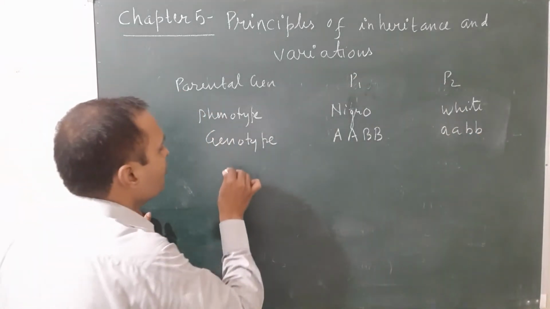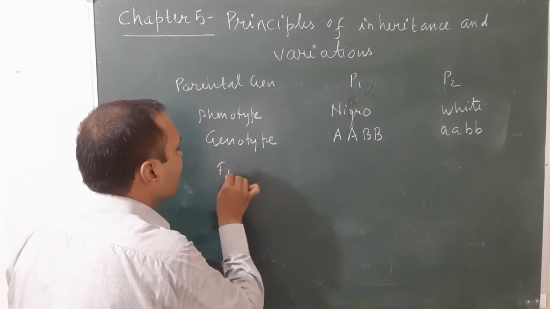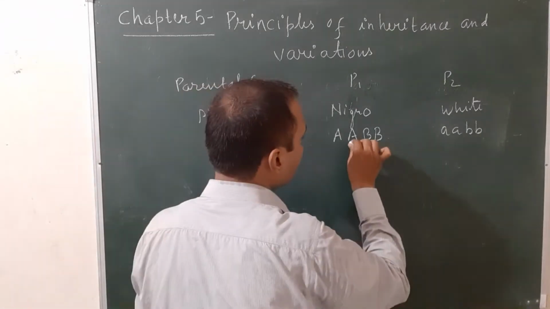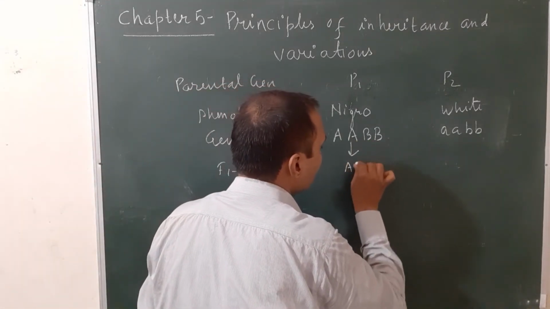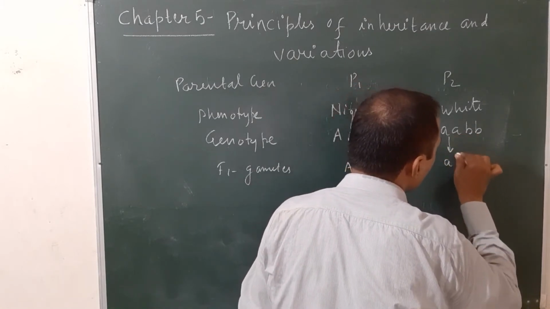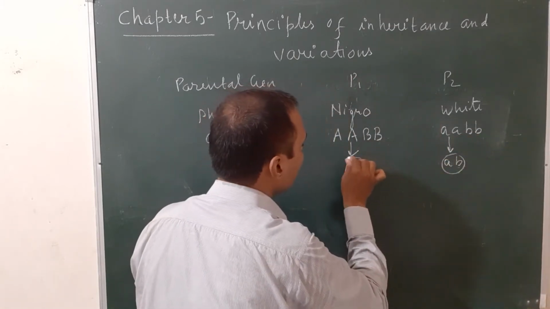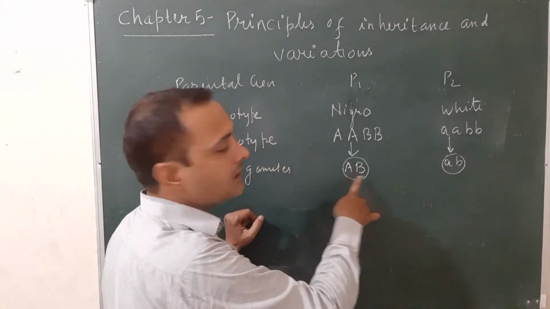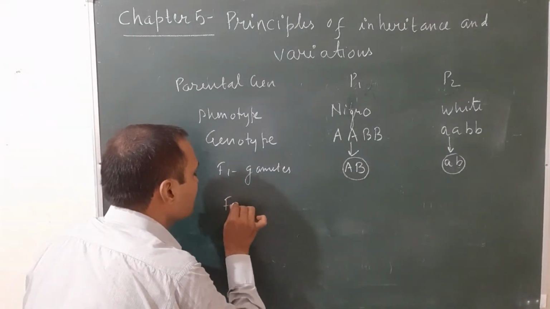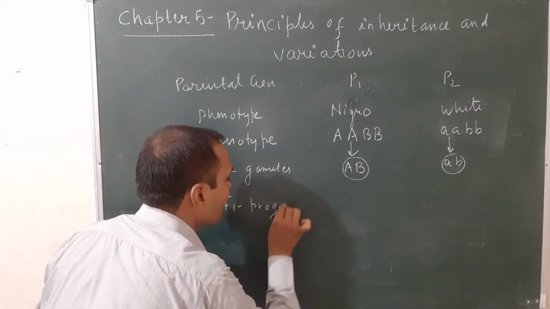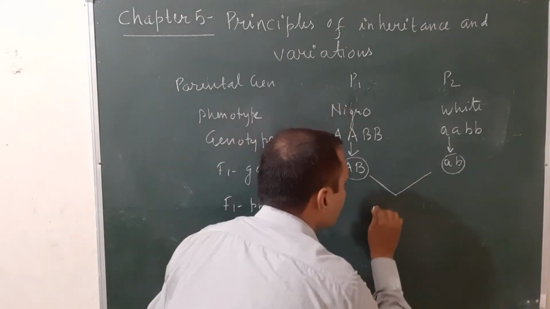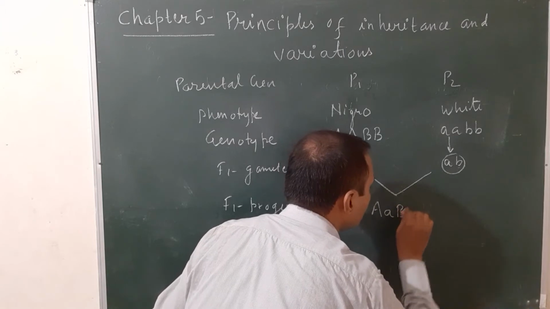Now let us go for the F1 gametes, that means first generation gametes. This parent will produce gamete capital A, capital B, and this parent will produce gamete small a, small b. Now let us go for the first generation progeny. You will combine these two gametes and get capital A small a, capital B small b.